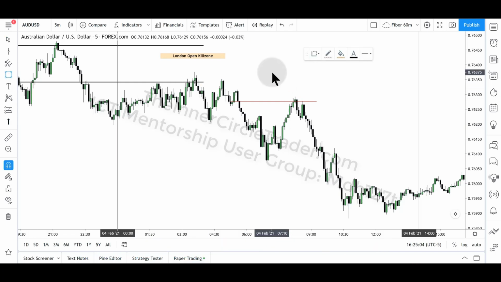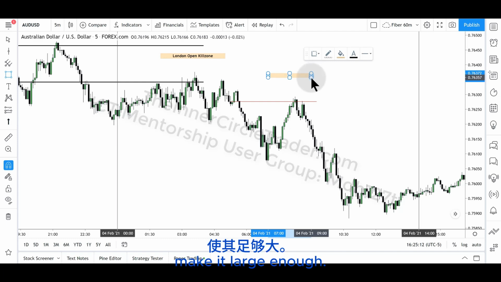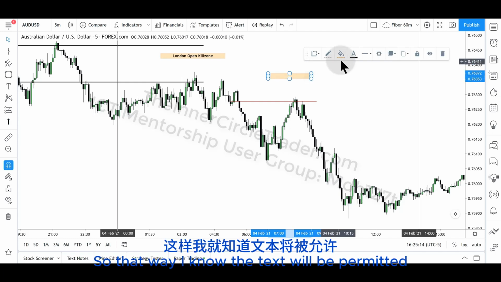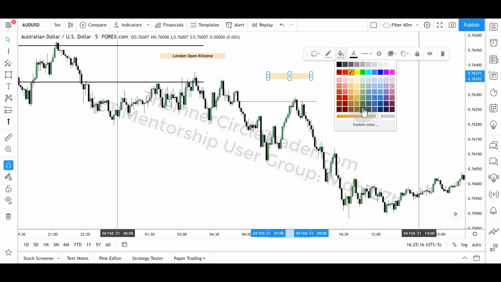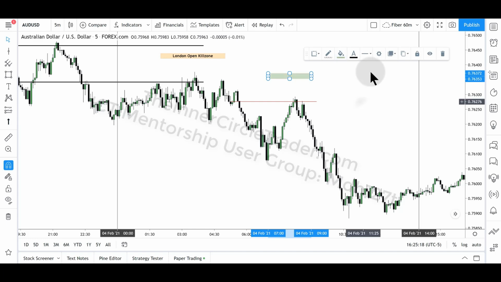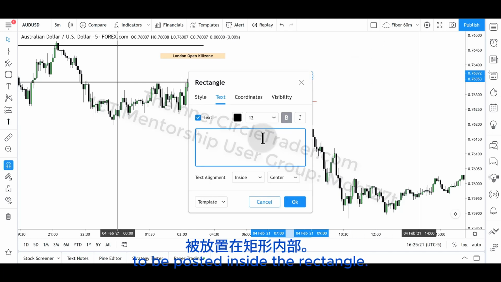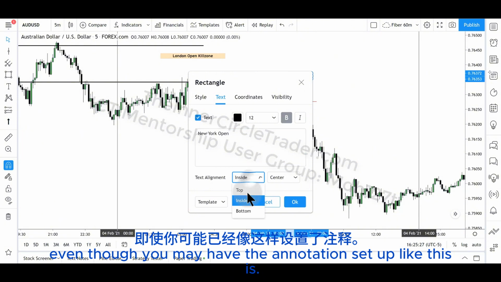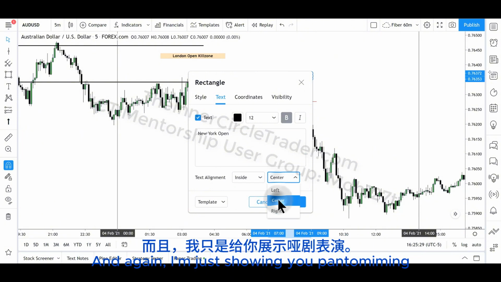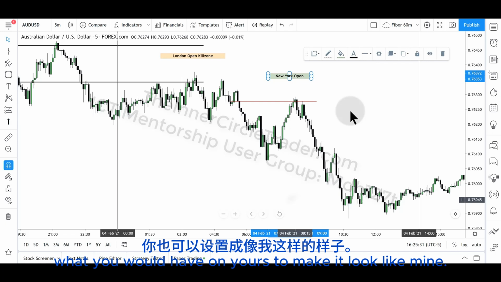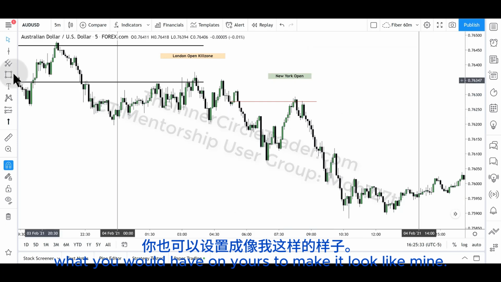Then I grab another rectangle, I go to 7 a.m., draw that out to 9, make it large enough so that way I know the text will be permitted to be posted inside the rectangle. Otherwise, if it's too small or short, the text won't appear, even though you may have the annotation set up like this is. And again, I'm just showing you, pantomiming what you would have on yours to make it look like mine.